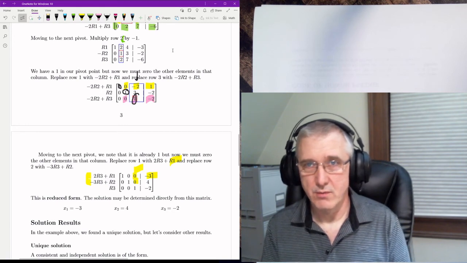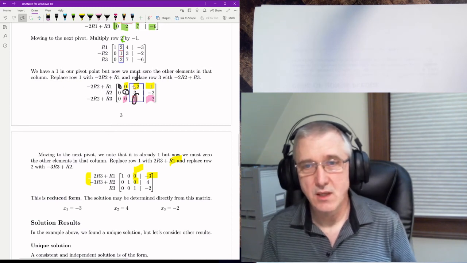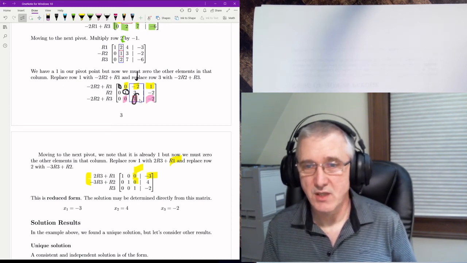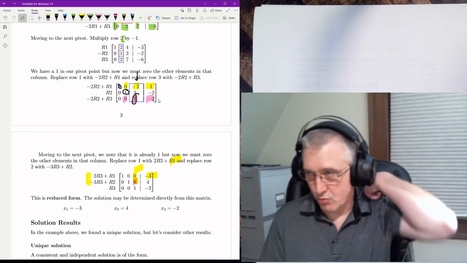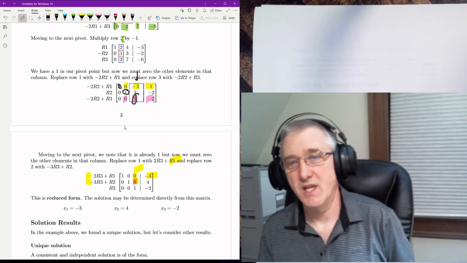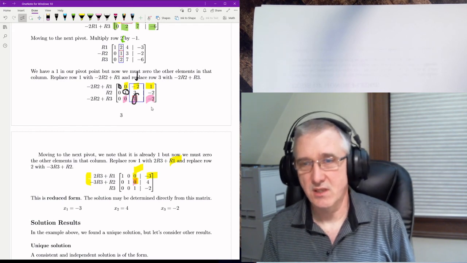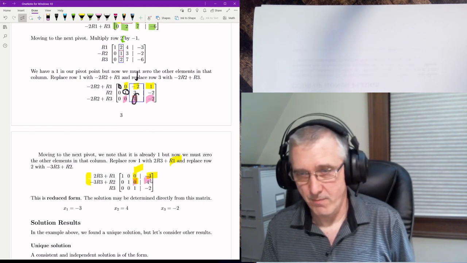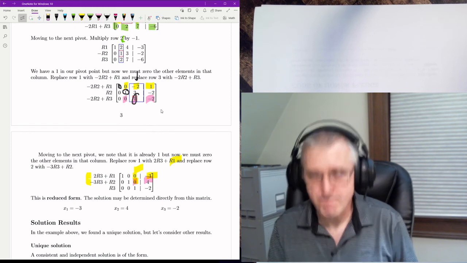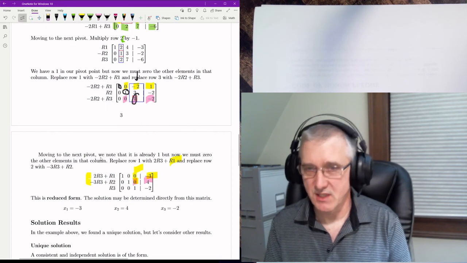And then for the next one, we have -3 times row 3, so -3 plus 3 is 0. -3 times -2 is 6. Plus -2 is 4. Okay? Now, from here, we can just write this out. We can find the solution very quickly and easily from this.